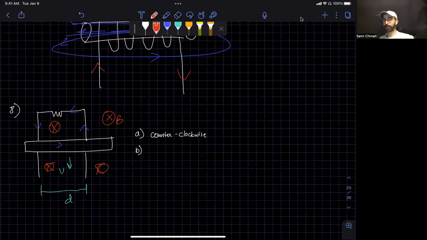And I actually did get stumped for a little bit, so thank you to the person who shouted me out with help. Okay, so we have a situation where a rod is moving down, right? So that means the field through this loop is going to be getting bigger. And because that area is getting bigger, we're going to have more B field going through that loop, right?